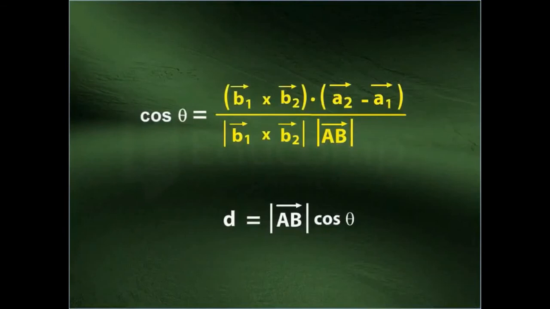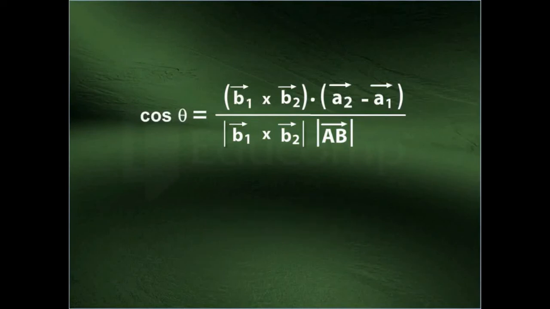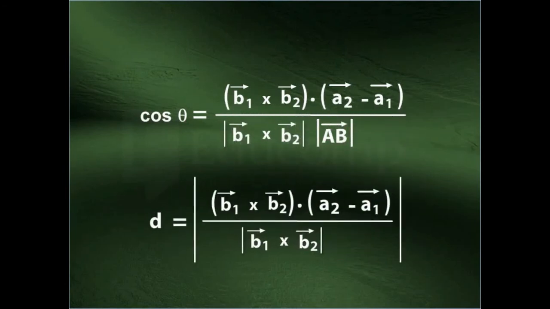Substituting this value of cos theta in the equation d is equal to magnitude of vector AB into cos theta, we get the shortest distance d as vector B1 cross vector B2 dot vector A2 minus vector A1 whole upon magnitude of vector B1 cross vector B2.